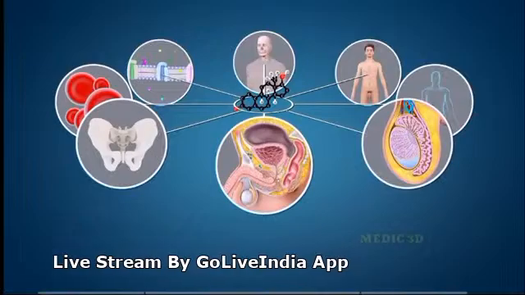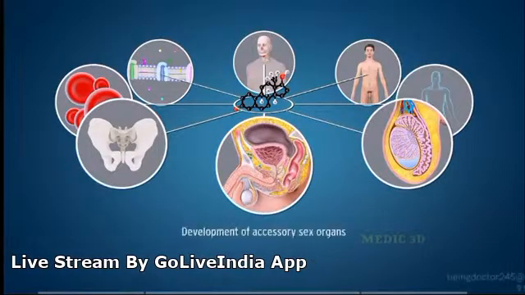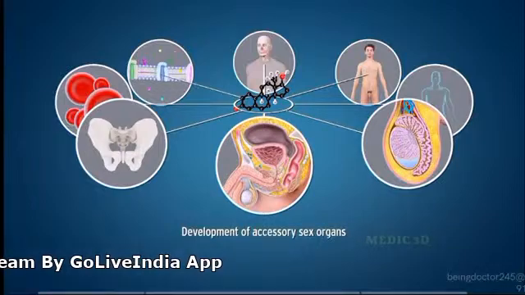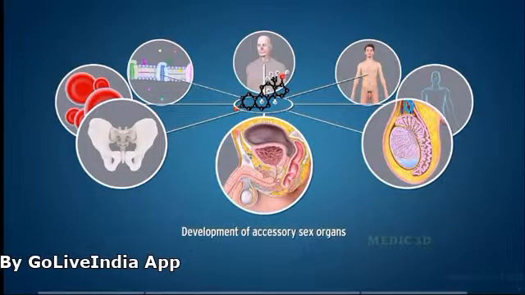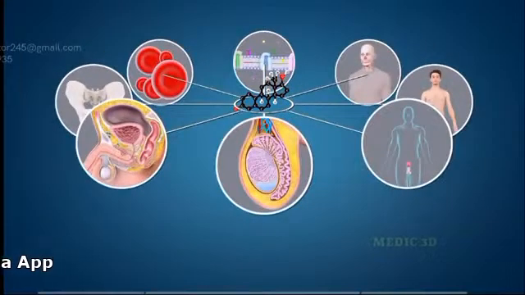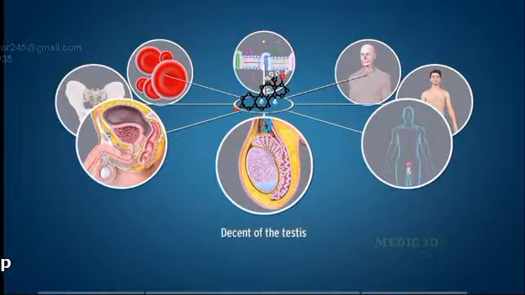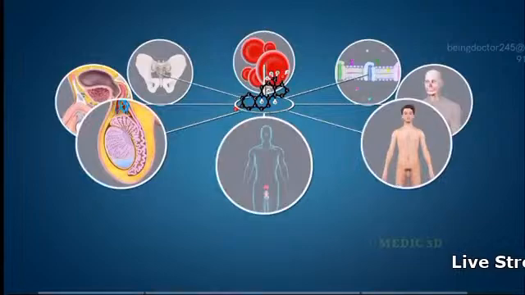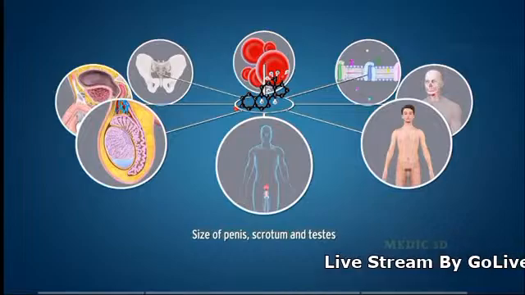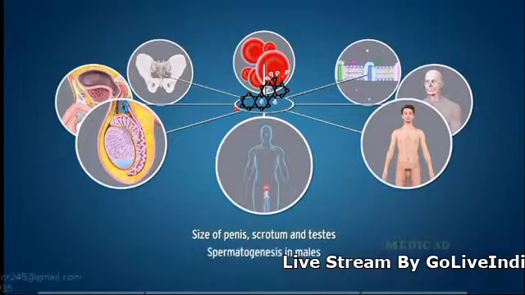In addition, testosterone also is necessary for development of accessory sex organs, such as the scrotum, penis, genital ducts, prostate, and seminal vesicles. Testosterone helps in the descent of the testes from the abdominal cavity into the scrotum. During onset of puberty, testosterone increases the size of penis, scrotum, and testes, and also helps for spermatogenesis in males.